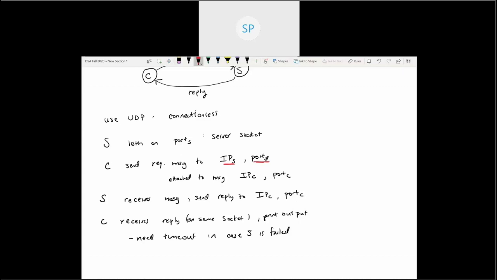So this IP of S and port of S has got to be public information. I don't mean this in any security way, but the client needs to know this. It can't just guess where it's supposed to send to. So this is what the known hosts file is for, okay?